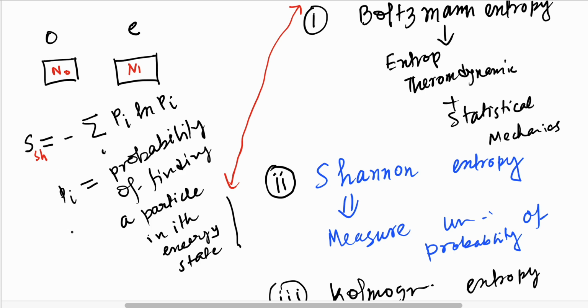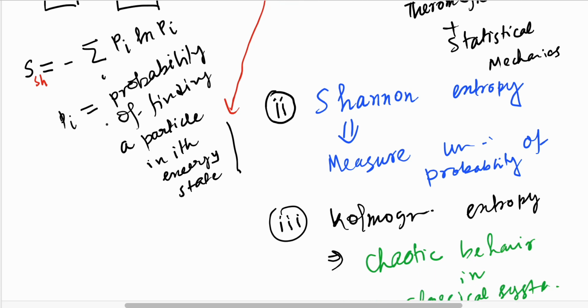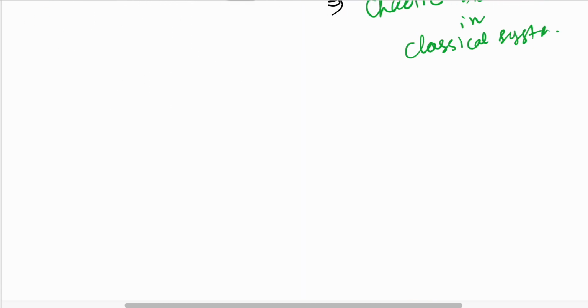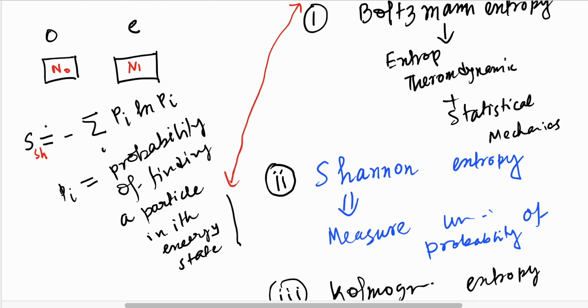If I know this probability, we can calculate the Shannon entropy. So let's first calculate the Shannon entropy, let's call it S prime.